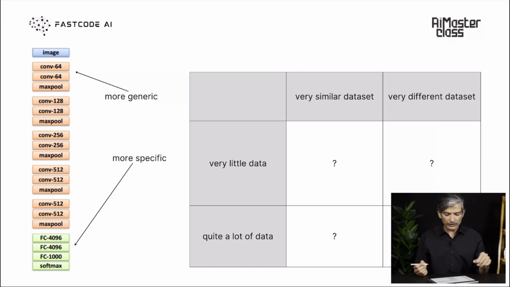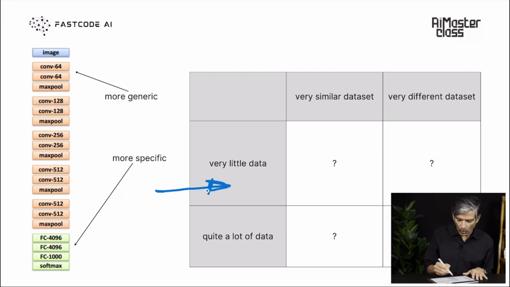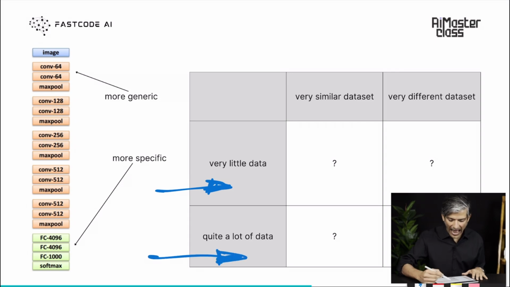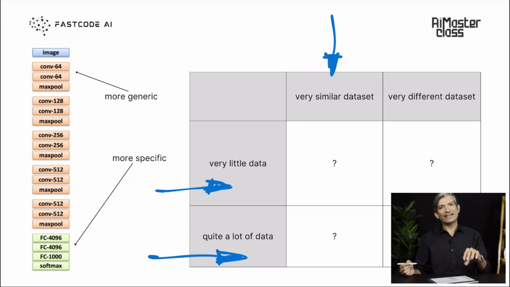Another thing to remember is there are these cases that can happen. Let's say you have very little data, or you actually have quite a lot of data. And your current data set is either very similar to the data set that the original network was trained on, or very different.